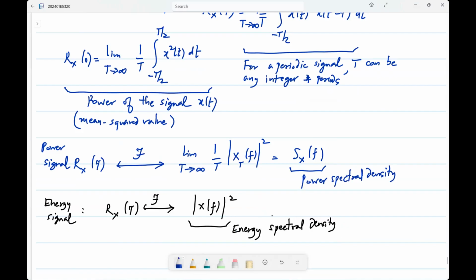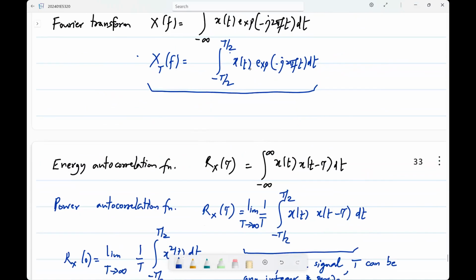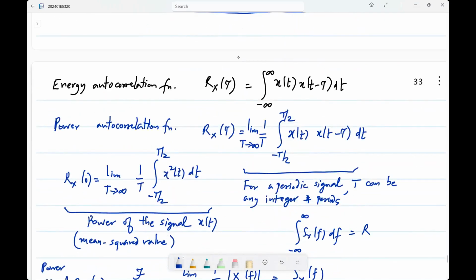Okay. I could have given you all these and just told you to use the formula, but it's useful to connect it to something that you already know. Okay. So now Rx of 0 is the power signal and integrating Sx over all frequencies will give you the autocorrelation at 0 time shift, which is the power or the mean squared value.